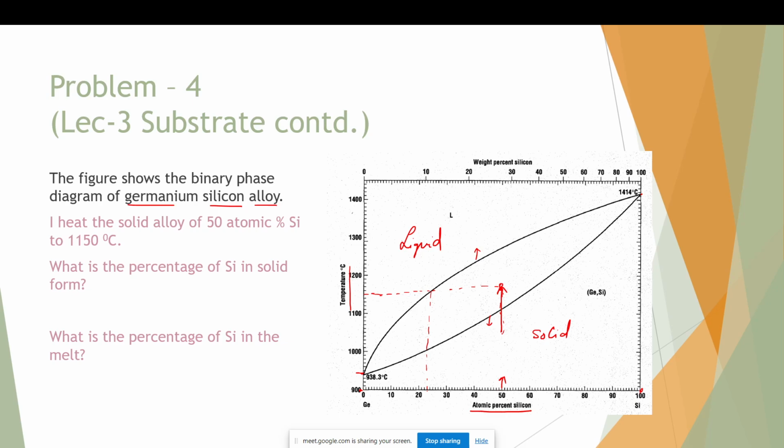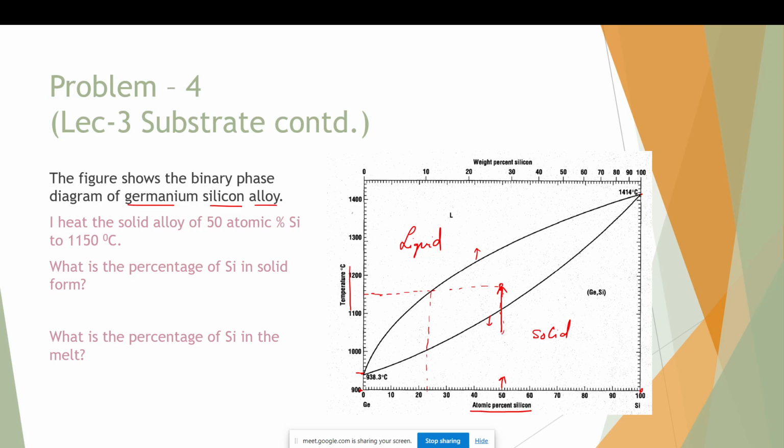But we don't have atomic percent silicon below this 23 or 22 value. We have it above that. That is why the entire mixture has not become melt, but some part of it has become melt and some part of it has become solid.